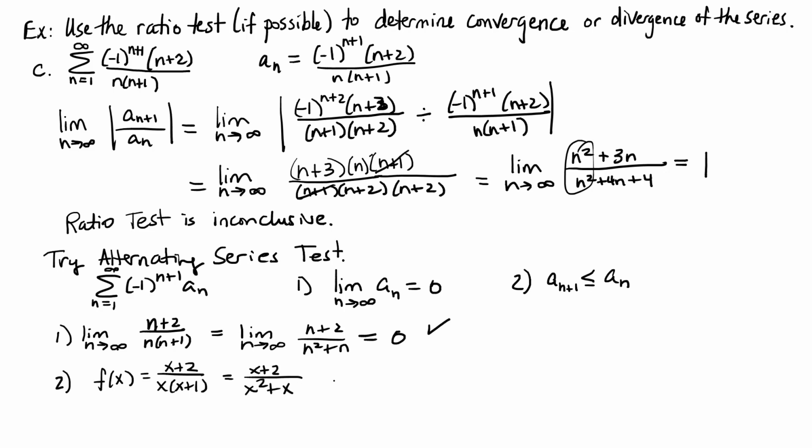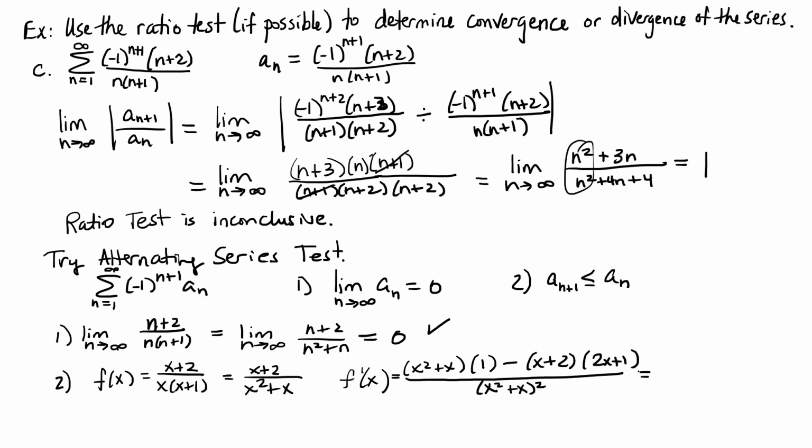and use my quotient rule. So f prime of x is going to be the bottom, x squared plus x, times the derivative of the top, which is 1, minus the top, which is x+2, times the derivative of the bottom, which is 2x+1. And that's all going to be over (x squared plus x) squared.